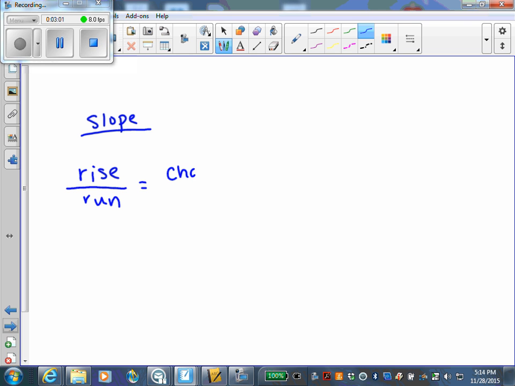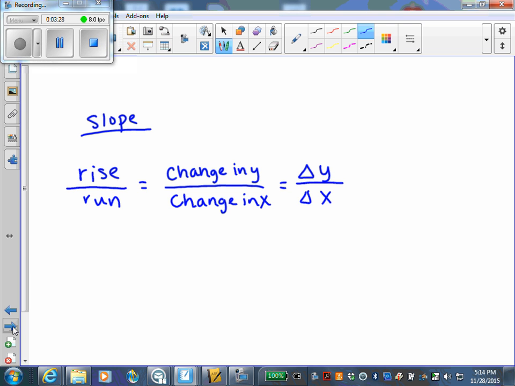We could say the change in y over the change in x. That's what rise really means. Rise is the change in y, run is the change in x. We can abbreviate that by using this Greek symbol delta, which is a triangle, delta y over delta x. Delta means change in. So when you see triangle y, that means change in y over change in x.